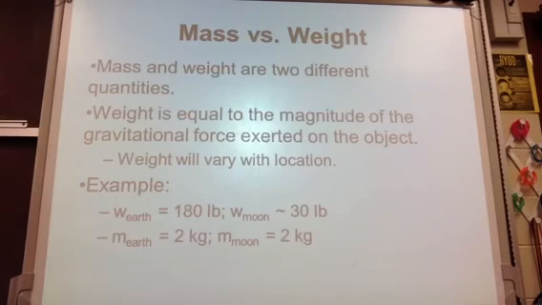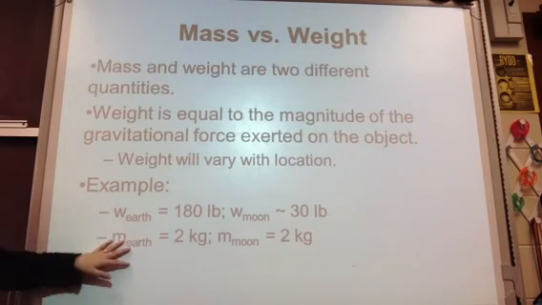Weight is going to be equal to not only the mass that an object has, but also an acceleration, and specifically that acceleration for us when we think about weight is 9.80 meters per second squared. So weight is equal to the magnitude of the gravitational force that's exerted on an object. Weight varies with location, whereas mass will not vary with location.